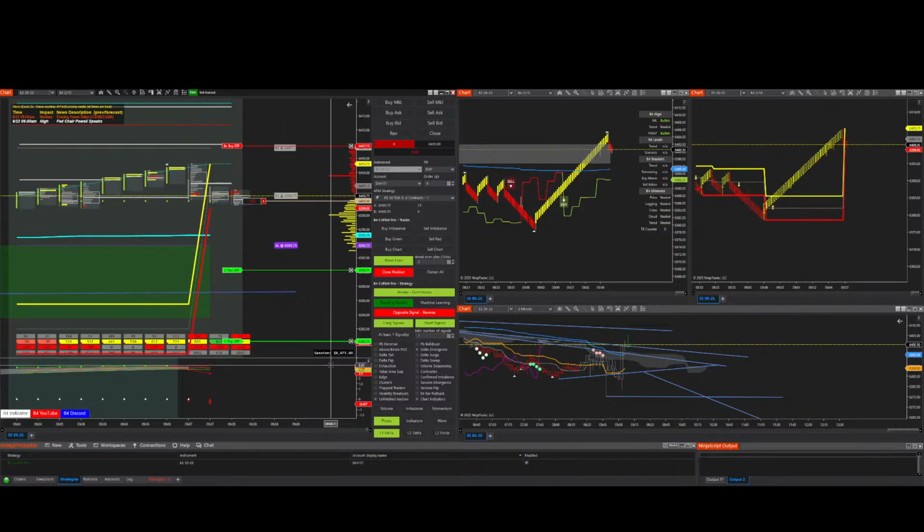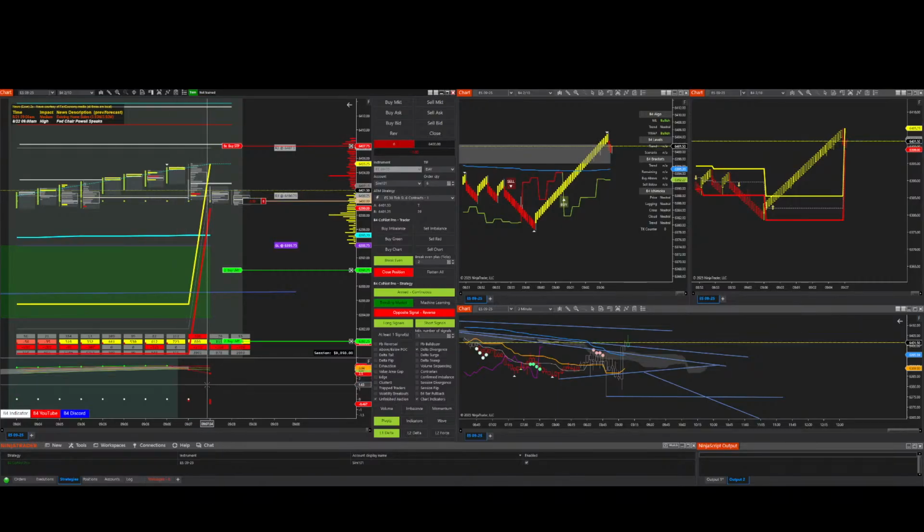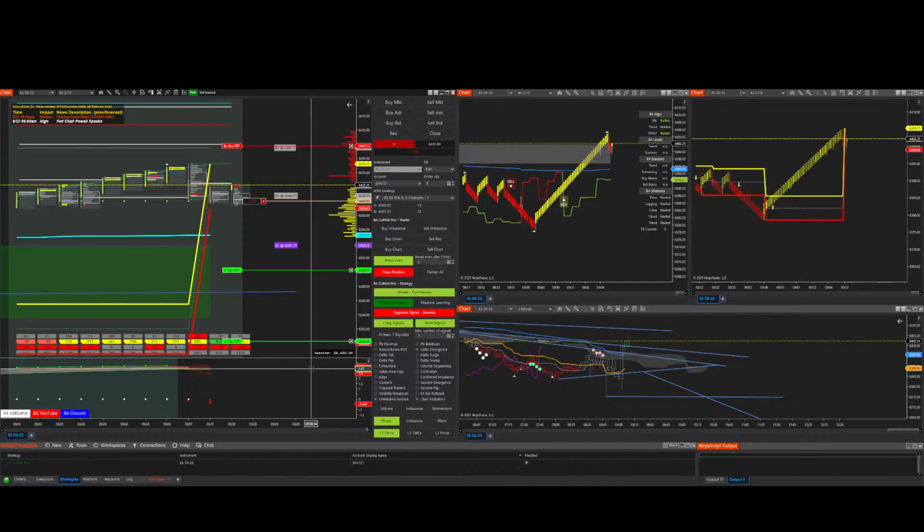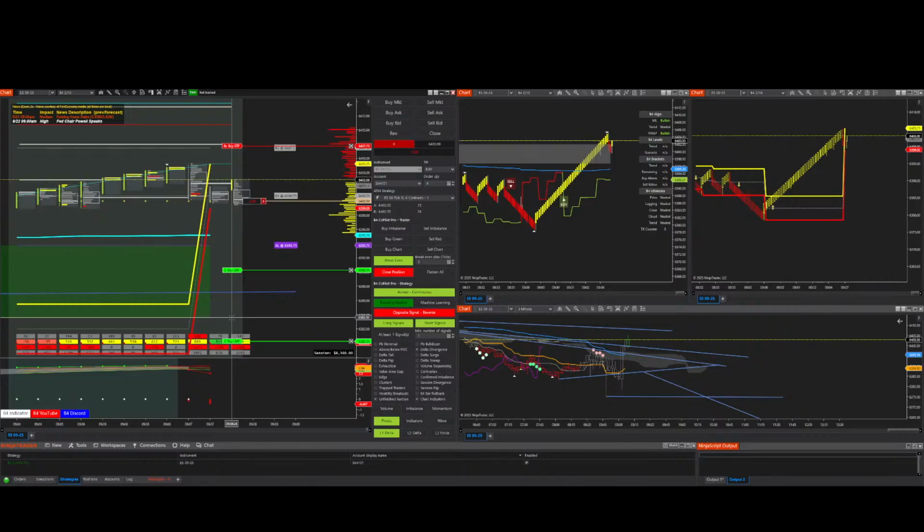We were extended. Now sometimes it'll be that way and it'll pull back a little and continue up and push back into the upper threes, but let's see what it's going to do here. That may be what goes on here.